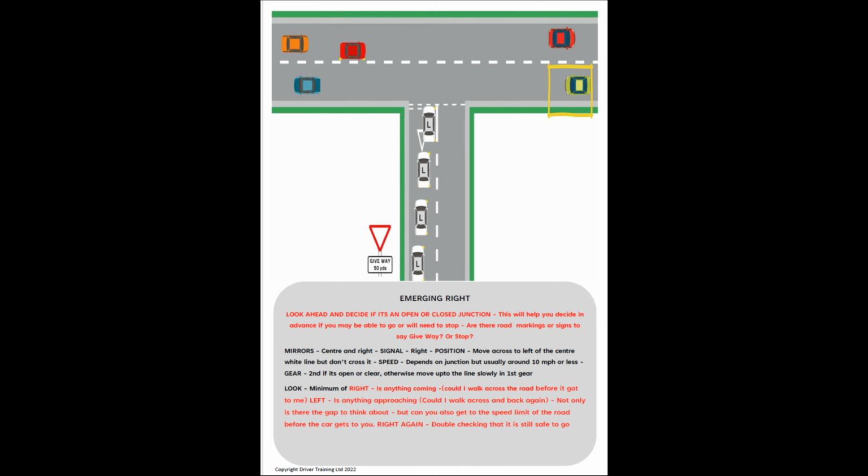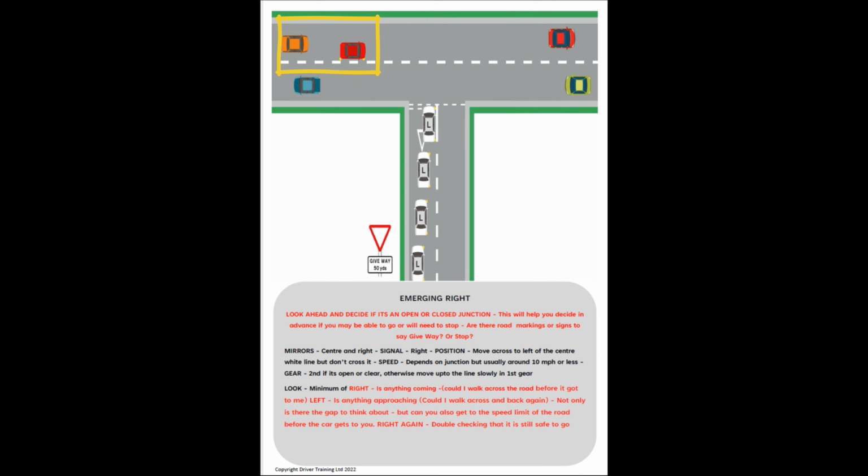So again, just thinking as a pedestrian and looking at gaps rather than cars. So now we look left. We're looking for any cars coming, because we've got to think, can I walk across the road and back again before they get to me?